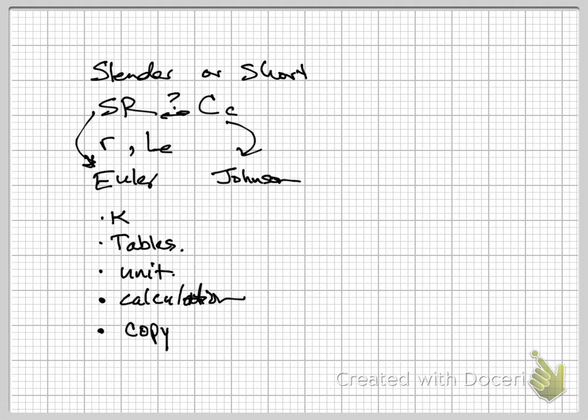So I'm going to just say copying, writing the right equation down. These are our biggest challenges because beyond this, it's really just plug and chug. So go ahead and do the homeworks that are there, do them on engineering paper, and we will move forward. So good job, everybody.